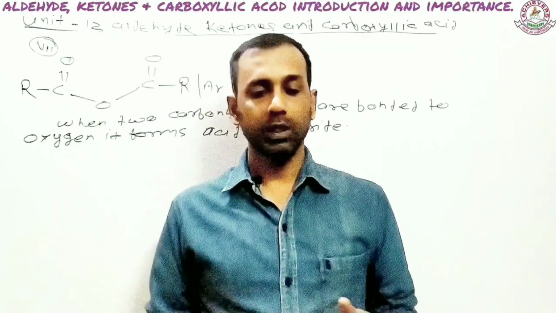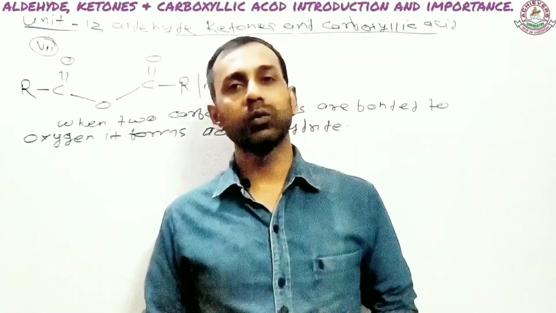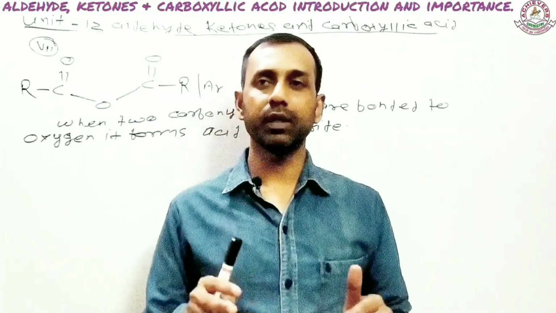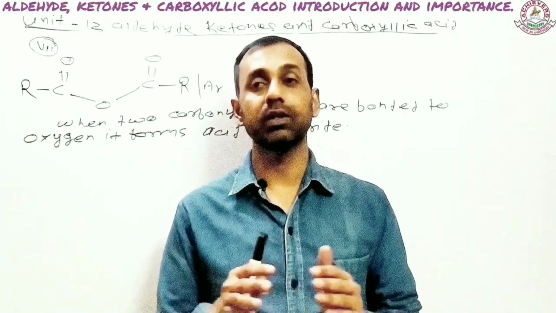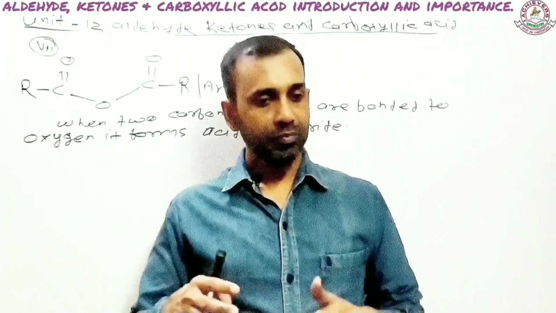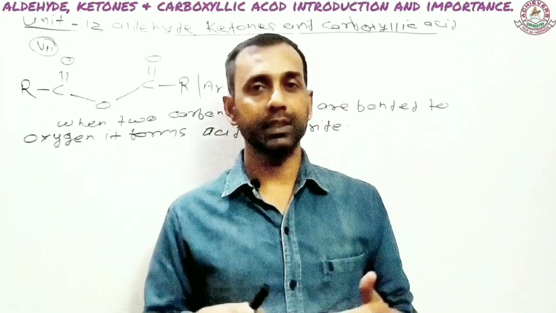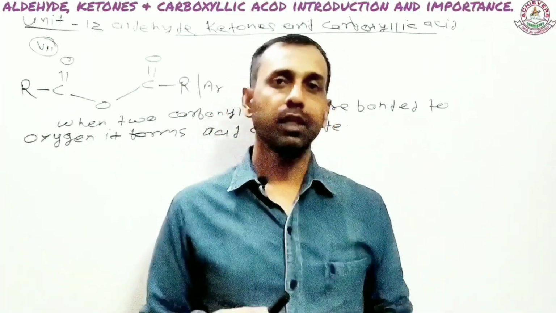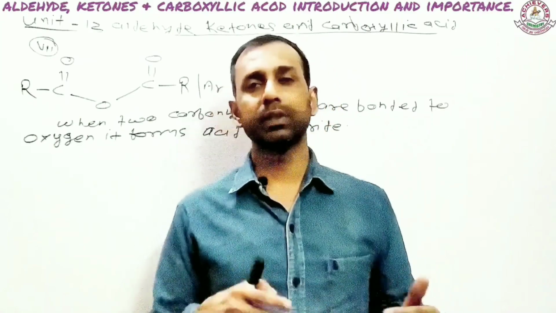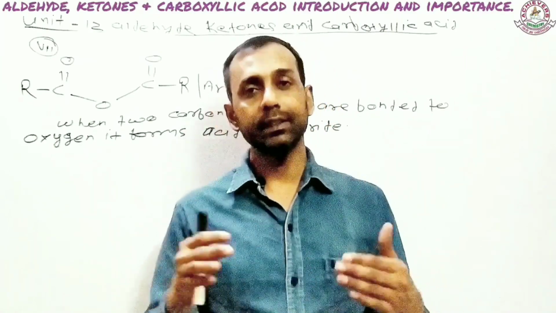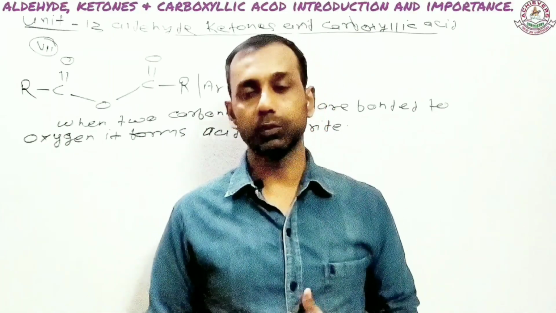But I would say that carboxylic acid, ester, and ketone are responsible for giving fragrance to nature, right? There are so many other useful compounds I would like to add, because you need to remember them, not because they are going to be in your paper, but because you have to have knowledge about them. Remember vanilla, remember salicylaldehyde; these are very important compounds in our day-to-day life. Probably you do know that.